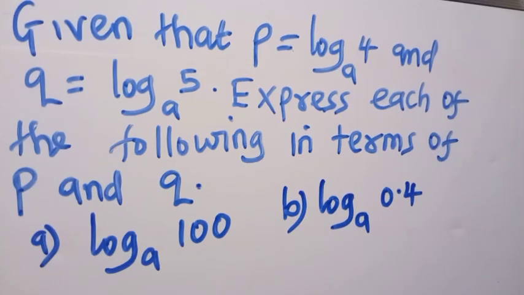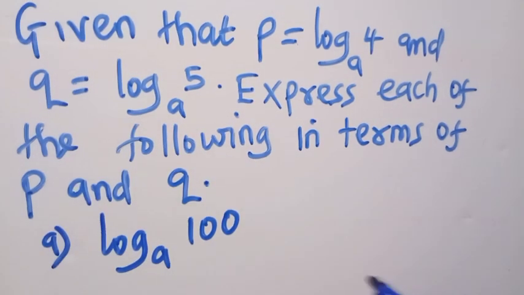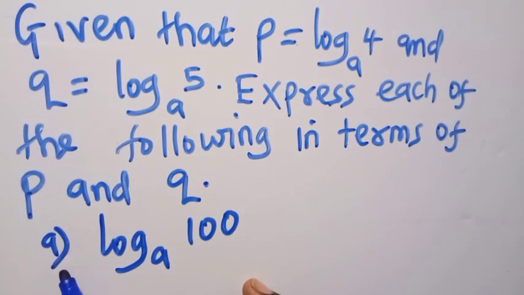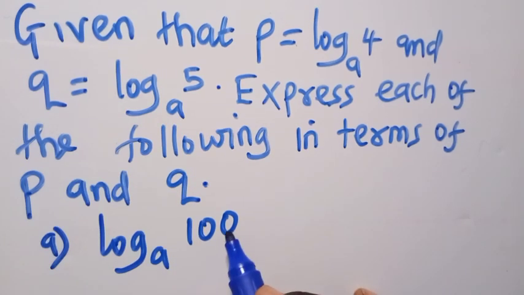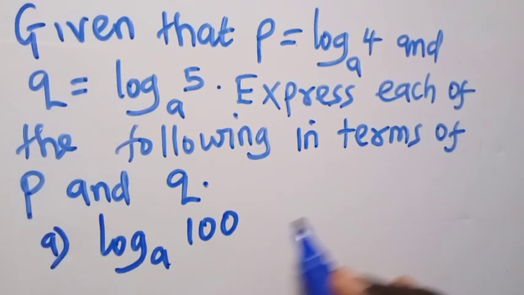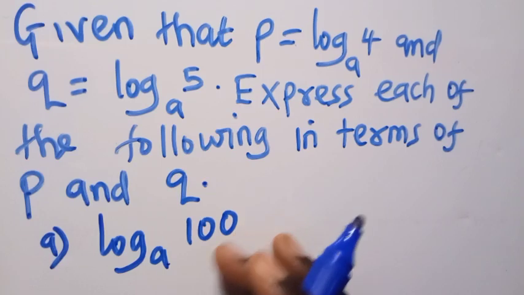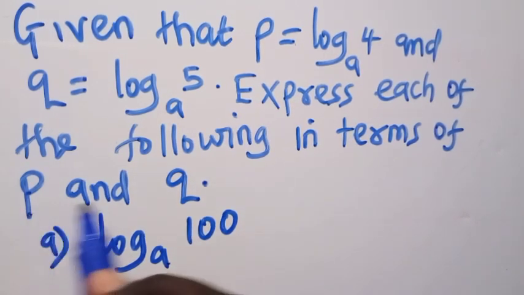Now, let us have a look at the solution. If we begin with a, that is the logarithm of 100 to base a, we need to express it in terms of p and q.